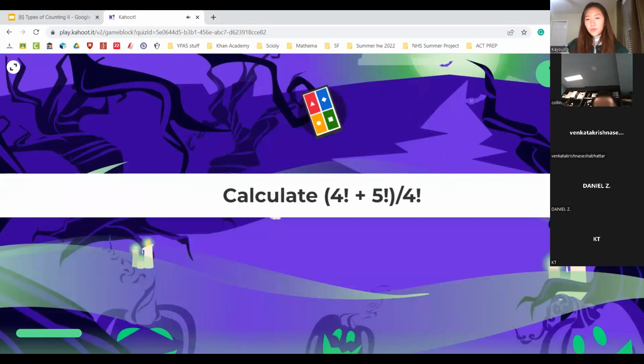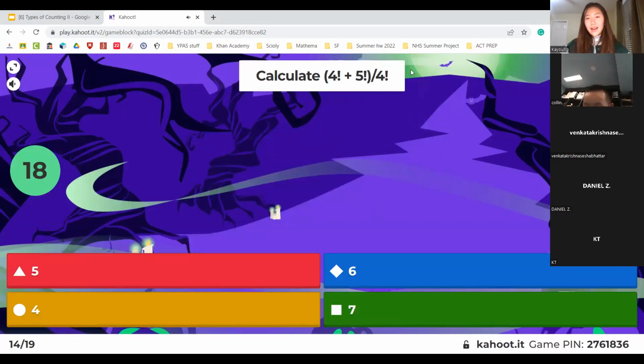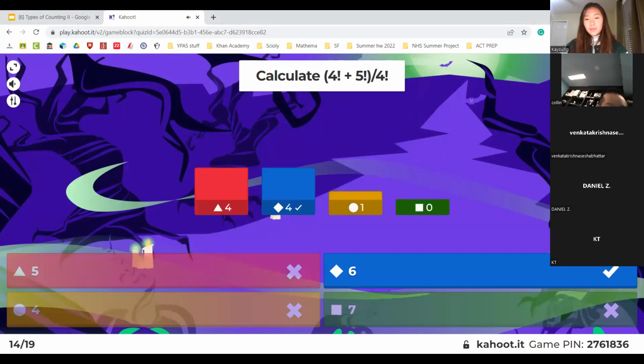Who is so fast at clicking? Oh, this is easy. 5. Like algebra-ish. I guessed 5. I think I'm wrong. I guessed 4 because I was spamming, but all made it's math 5 for a count, so I think it's 4. I randomly guessed and I somehow got it correct.